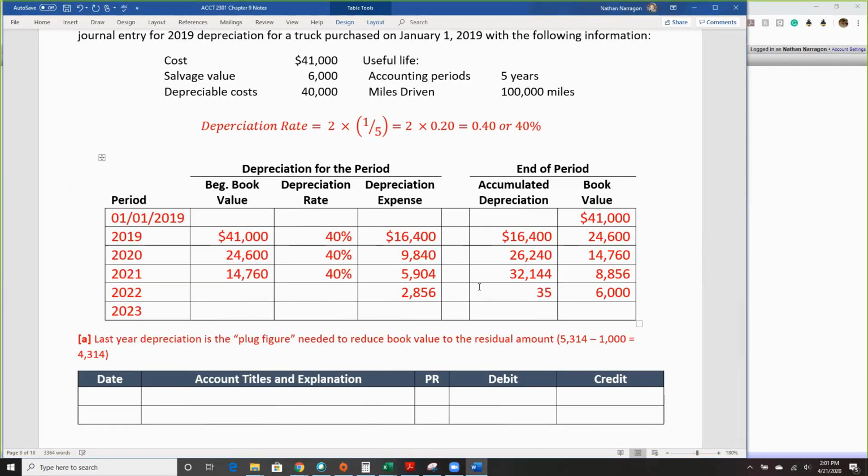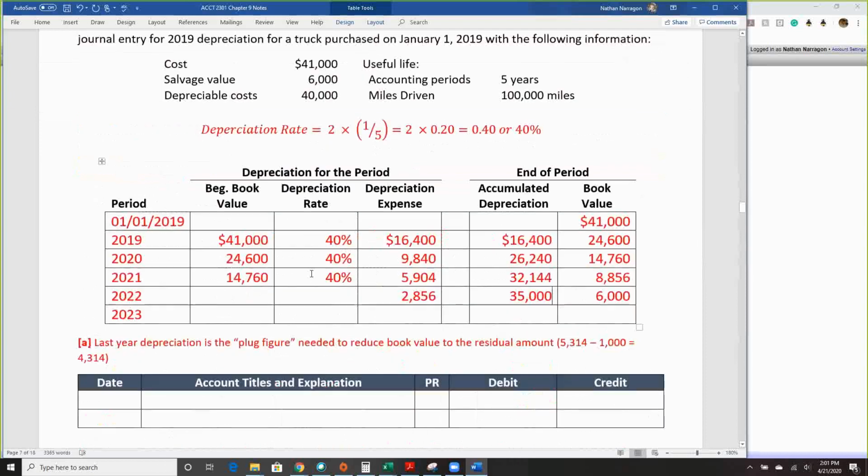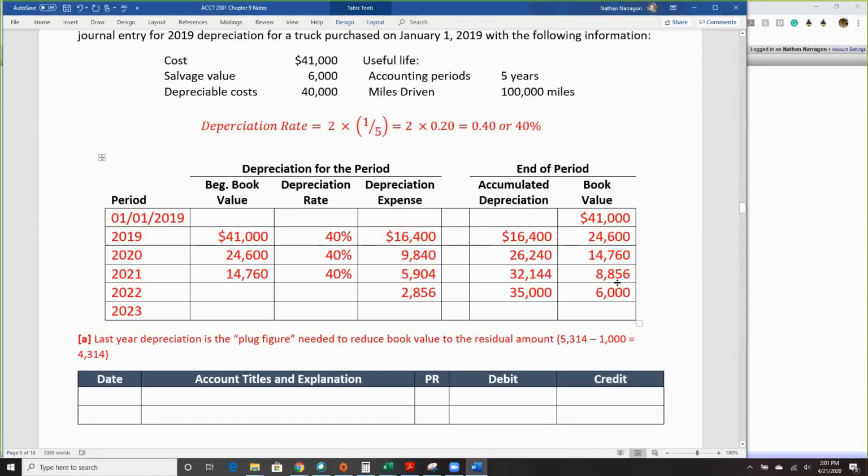So again, it comes out to the cost if we add them up. But that's what also stops it. Note, I cannot go to 2023 because I've already hit salvage value. So be very cautious on this one. Cumulative depreciation for double declining can shorten very quickly, depending on where our salvage value is.